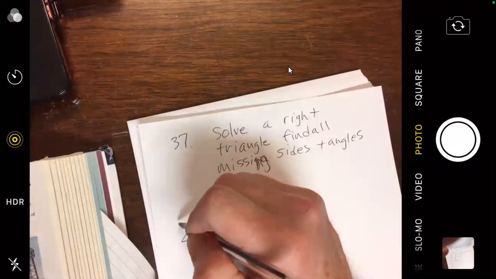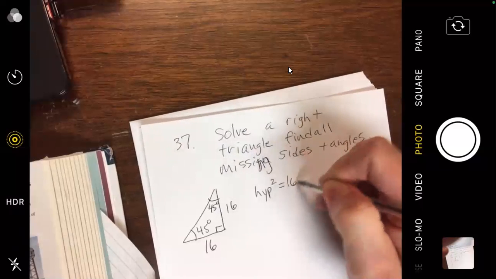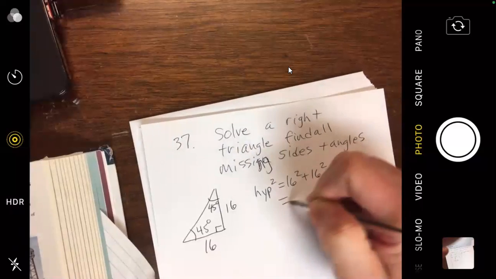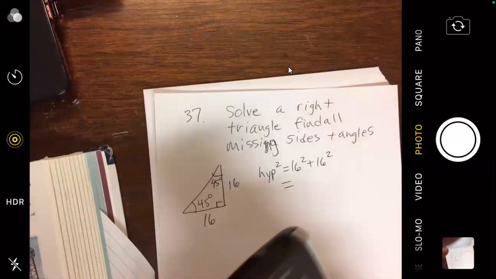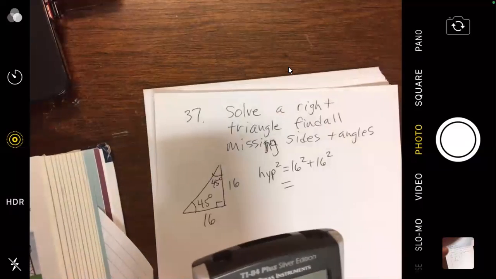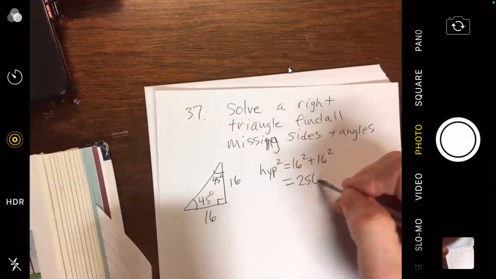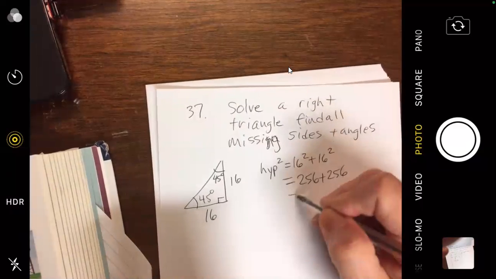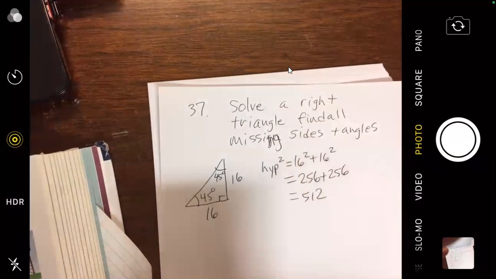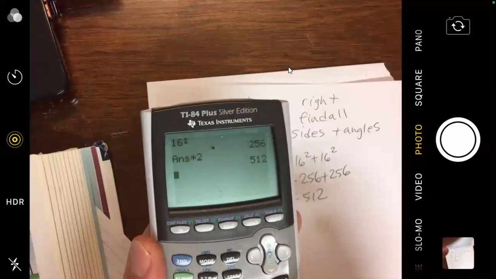How do we do the hypotenuse? Well, hypotenuse squared equals 16 squared plus 16 squared. I think 16 squared is 256. 256 plus 256 is, I believe, 512. Multiplied by 2, yeah, 512.